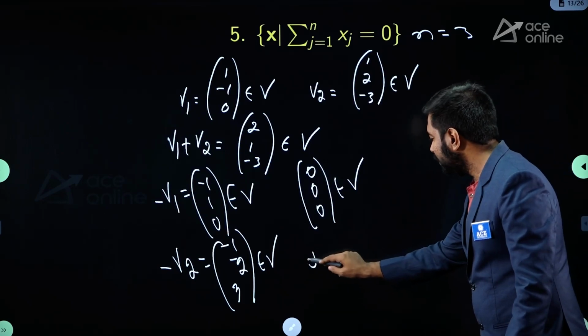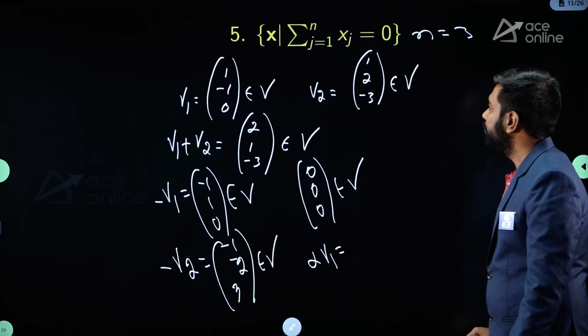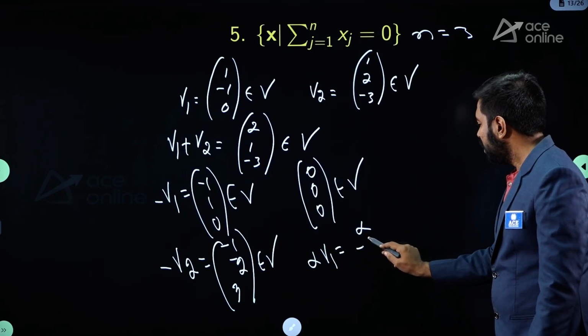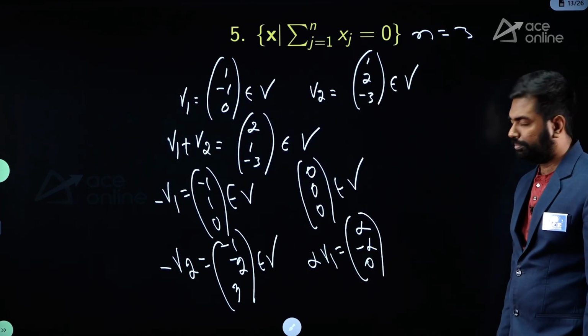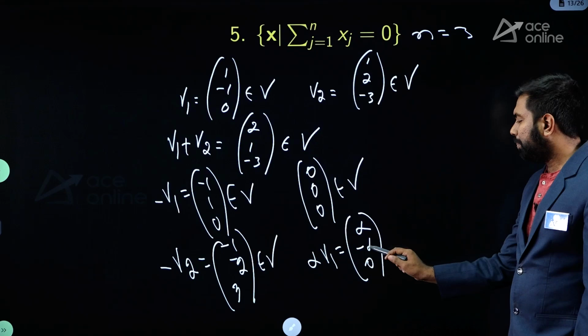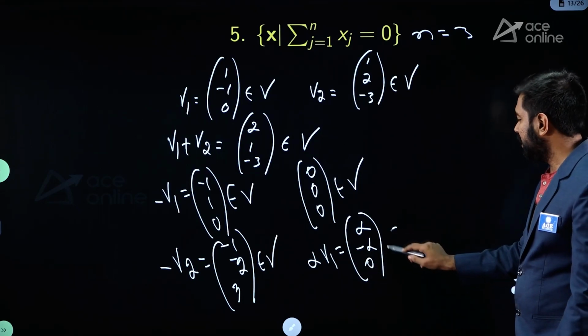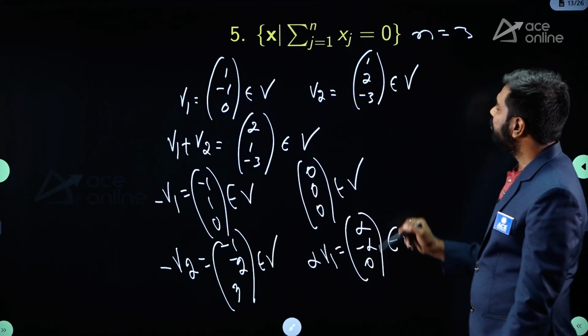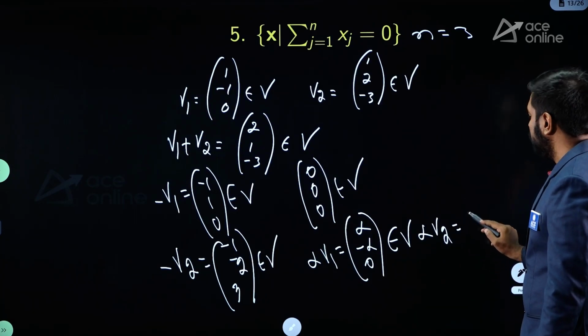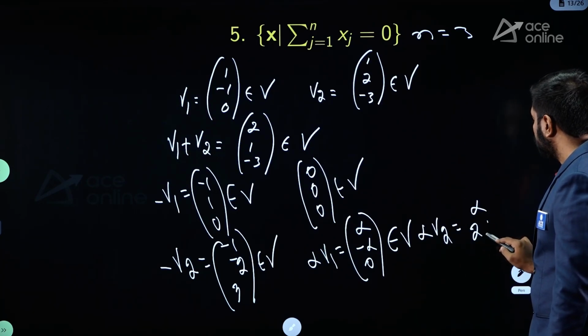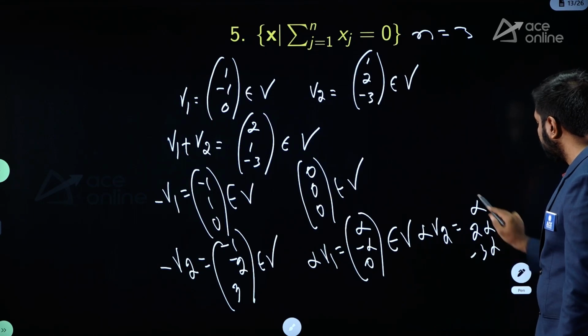Come on, let's see what is alpha V1. Come on, what is alpha V1? It is alpha and then minus alpha and then 0. Is this part of V? Add it, alpha plus minus alpha plus 0. Yes, it is part of V. What is alpha V2? Come on, check what is alpha V2. It is alpha, 2 alpha, minus 3 alpha.